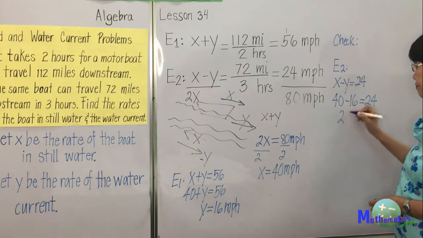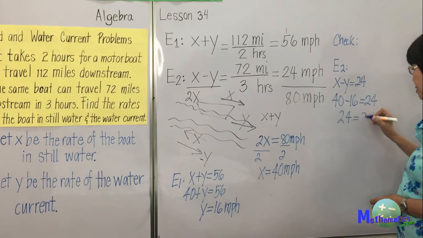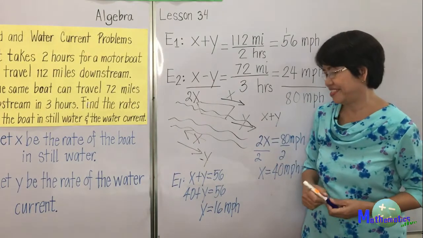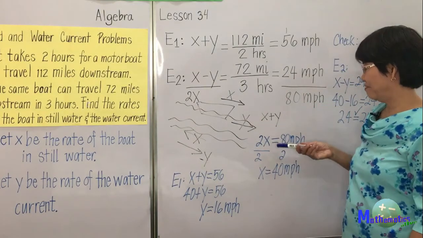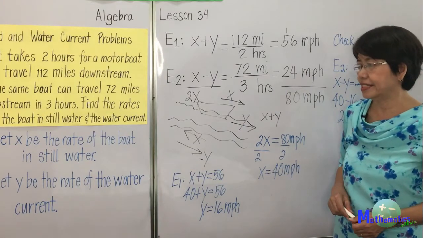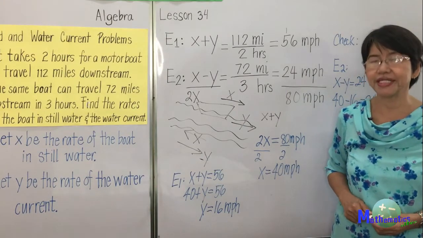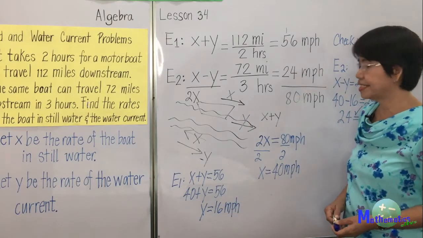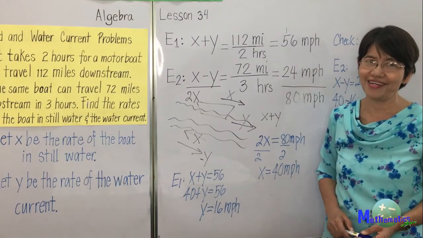So 24 equals 24. So we got the correct answers. Our value for x is 40 miles per hour. That's the rate of the motorboat in still water. And the rate of the water current is 16 miles per hour.